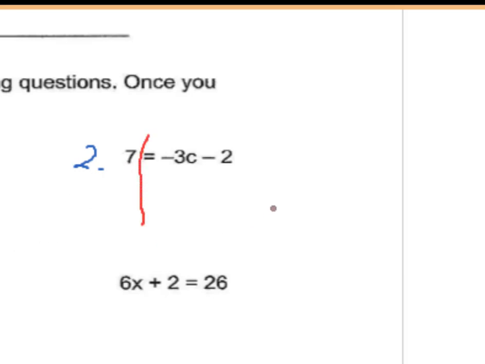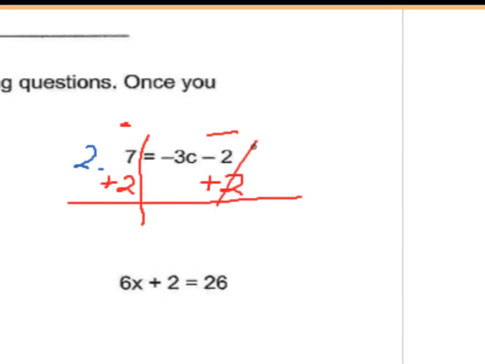There's our equals. So again, this side looks heavy to me. I have a number here and a number here, so I need to put those two together. I have negative 2. Remember, everything that's in front of the number goes with it. That sign goes with it. So negative 2, I'm going to do the opposite. I'm going to add 2, and if I do it to one side, I have to do it to the other side.